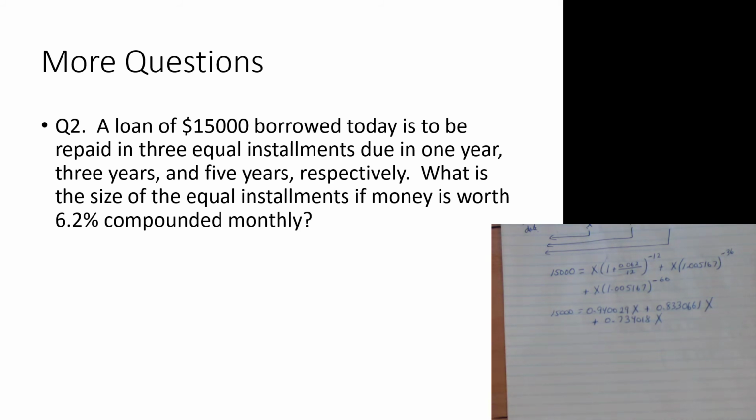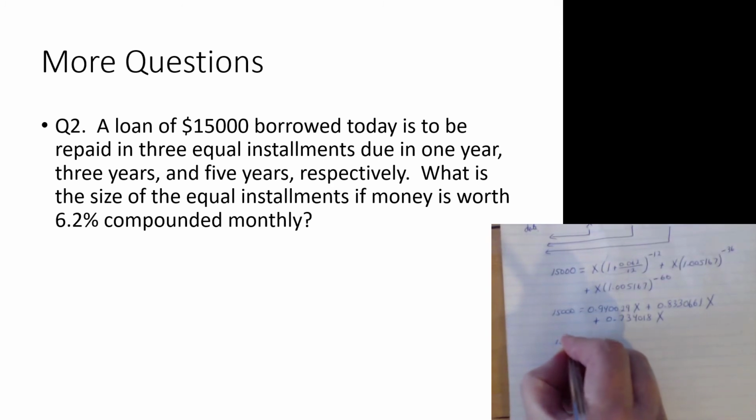And I see that my biggest coefficient is from the first year payment, my second biggest is from the third year payment, and my smallest is from my 5th year payment. That fits with what I would expect if I had done the calculation correctly. So everything indicates that it's all good so far.